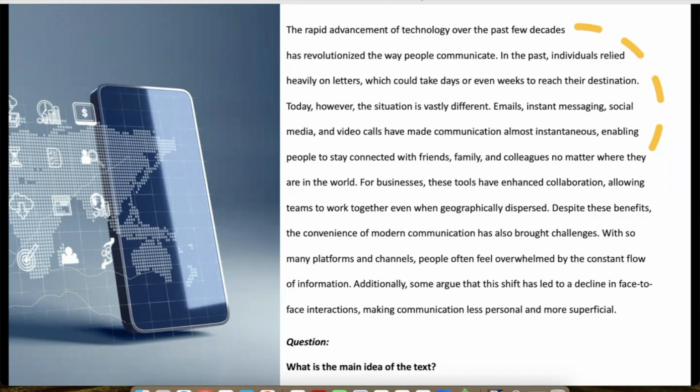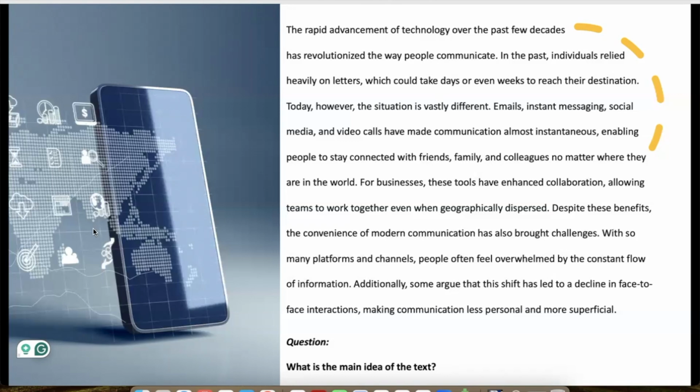Okay, the other ones. Technology has made communication faster, but also creates challenges like information overload and less personal interaction, leading to transformative changes in various aspects of life, including communication, healthcare, education, and business. Yeah, this is great. Technology has changed the way of communication, making geographic location not matter.